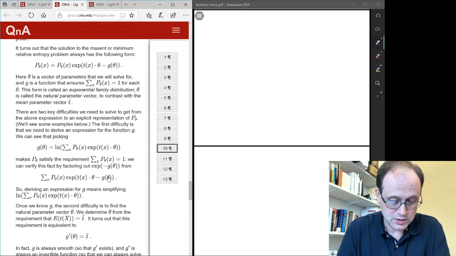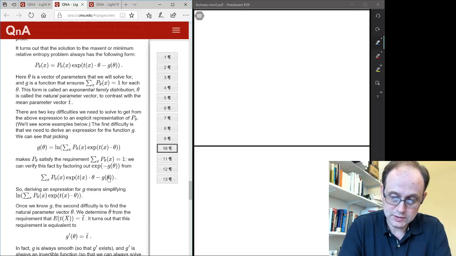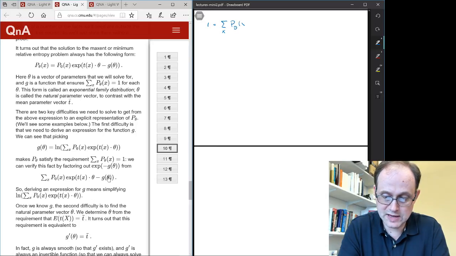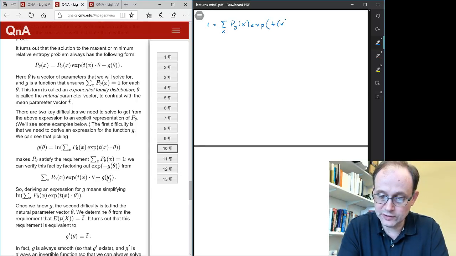So we have 1 has to equal the sum over x, p0 of x, exp of t of x dot theta minus g of theta.